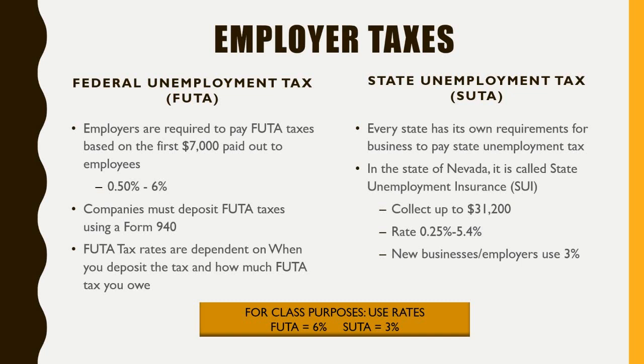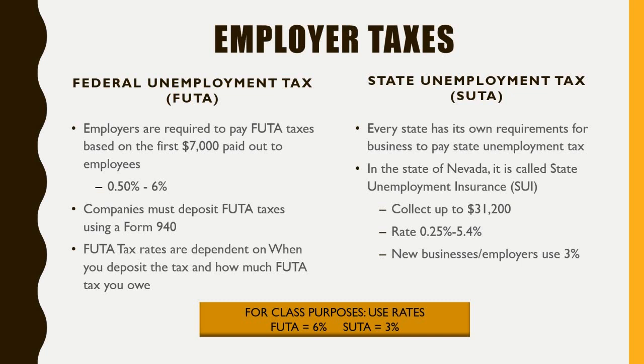Okay, so with that, employers are required to pay FUTA for having the employees. Usually it's based on the first $7,000 paid to the employees, but the rate can range depending on how many employees a company has, as well as how much money they actually owe.